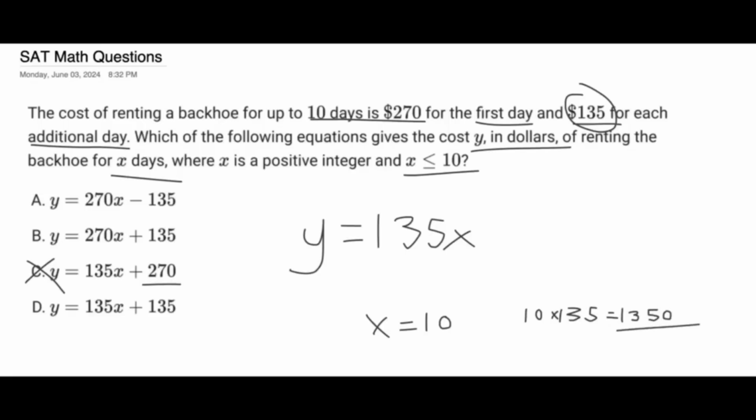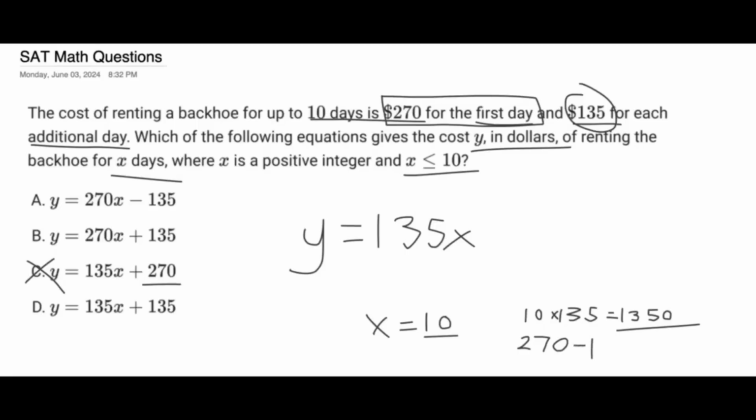However, it's missing one thing, because it says it costs $270 for the first day. If it's $270 for the first day, when we accounted for the 10 in our rule, we only paid $135. So in reality, we only paid $135 of our intended 270.